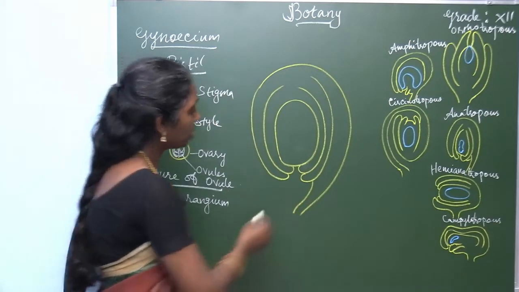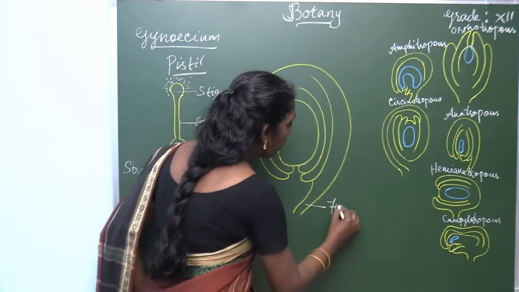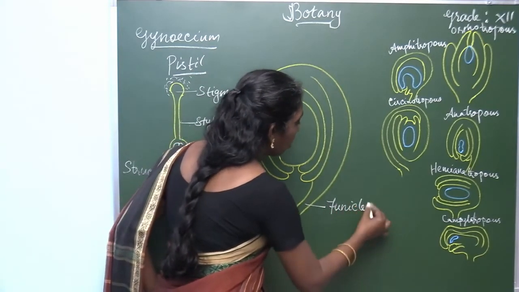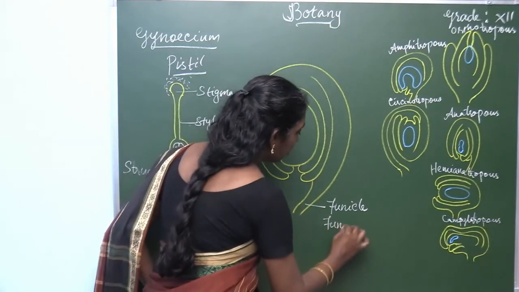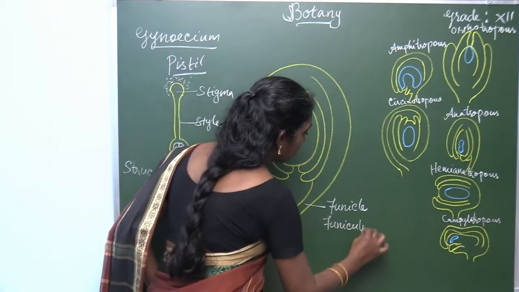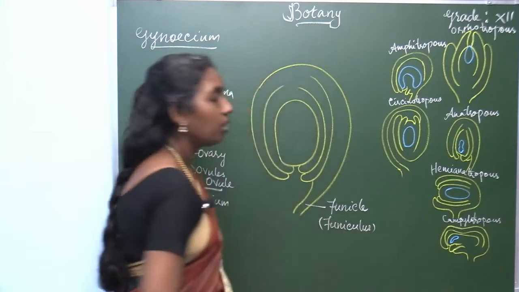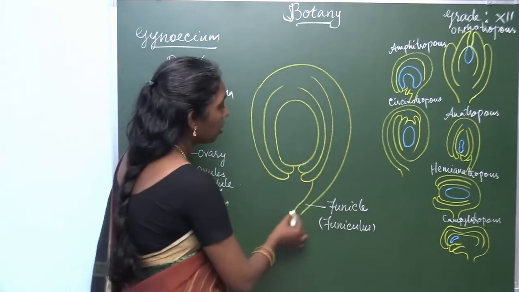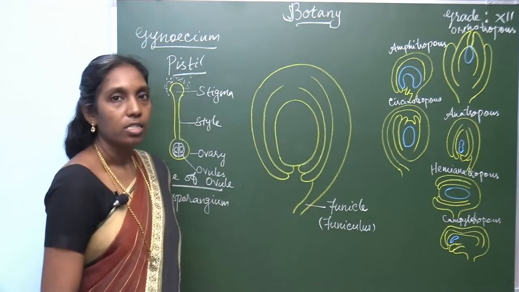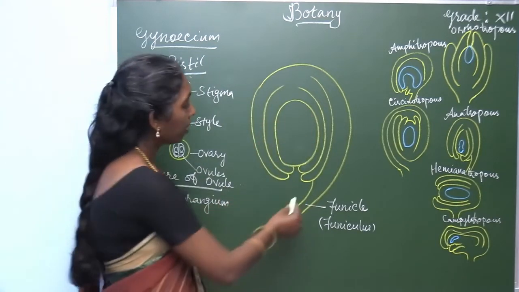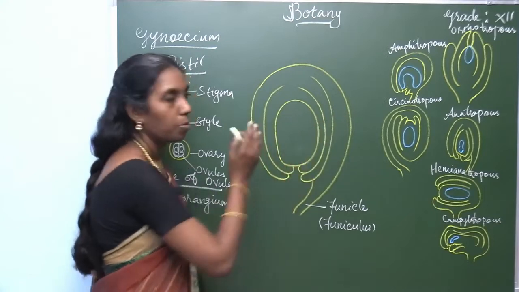The name of the stalk is funicle or funiculus. Funicle or funiculus is the stalk of the ovule. The structure consists of a stalk and the body.